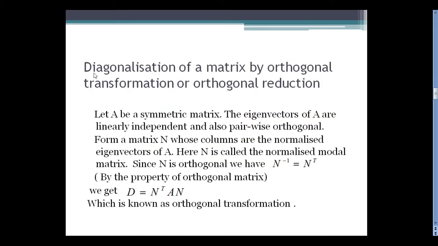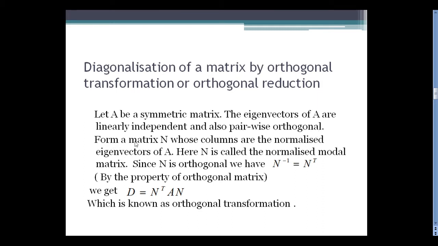Next we will see diagonalization of a matrix by orthogonal transformation or orthogonal reduction. So here we are going to learn a new concept, diagonalization of a matrix by orthogonal transformation. Let A be a symmetric matrix and we find eigenvectors of A which are linearly independent and also pairwise orthogonal.